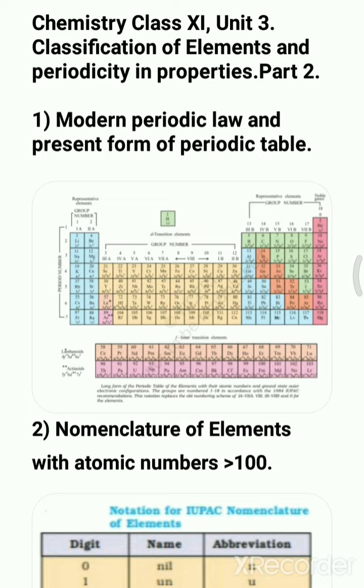This is known as the modern periodic law and can be stated as: the physical and chemical properties of the elements are periodic functions of their atomic numbers. I'll repeat again: the physical and chemical properties of the elements are periodic functions of their atomic numbers. This is the modern periodic law, Mendeleev's periodic law slightly modified.